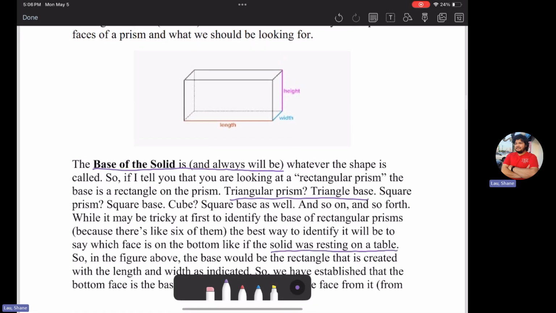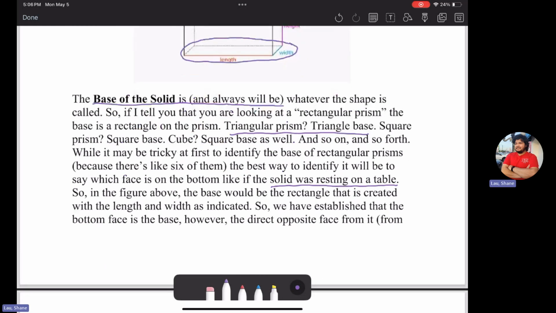So if I had to visualize this, given the image that we have here, the rectangle that I'm thinking of as my base is this rectangle right there, which includes the length and the width. There is also a direct opposite face from the base that is the exact same.